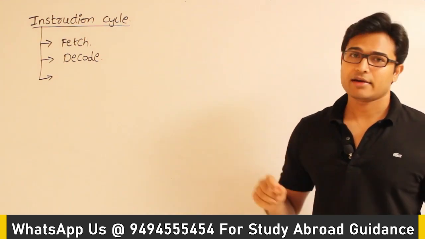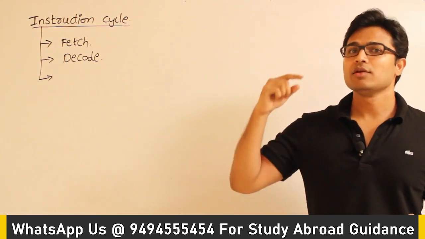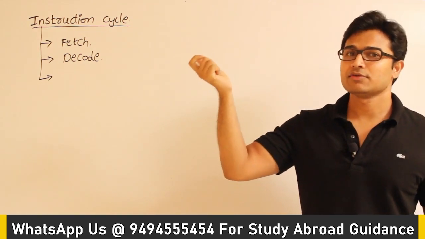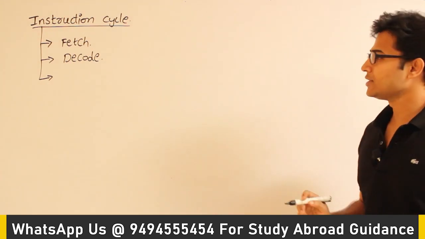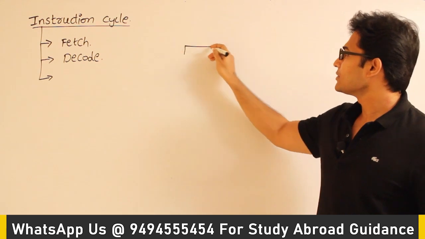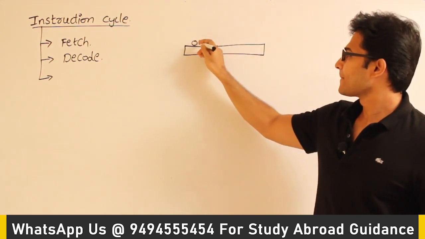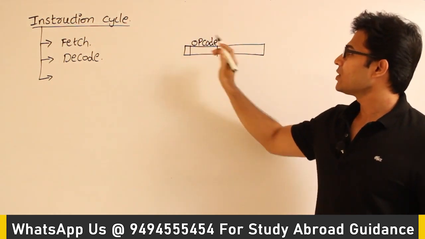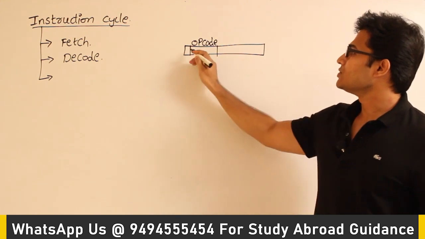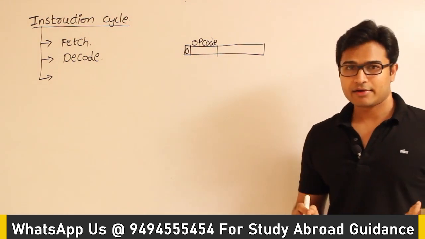But in case of indirect address, we have to compute the effective address by going to the memory and fetching the address which is present at the address given in the instruction. So what I mean to say is, in case of direct address, see this. Assume that this is the opcode, and assume that the first bit here is 0. If the first bit is 0, it means they are using the direct addressing mode.